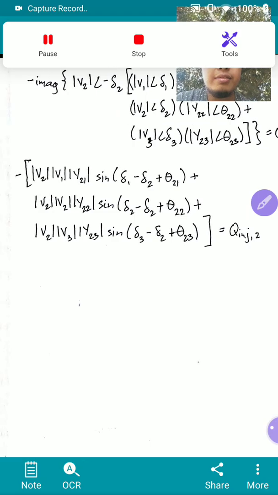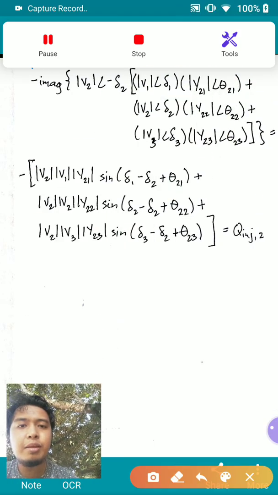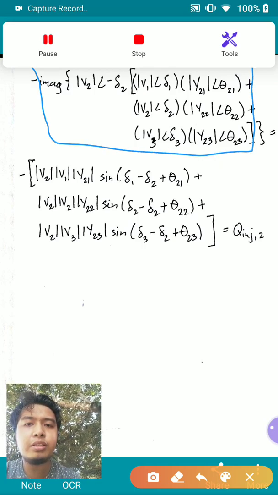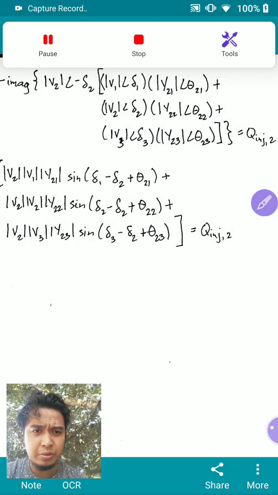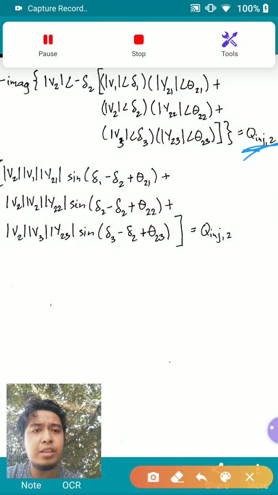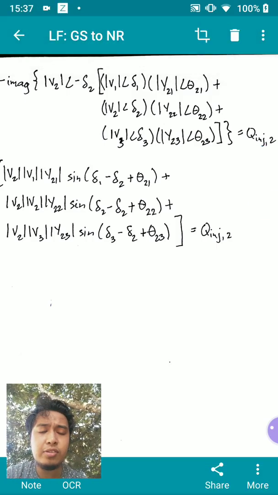So you get the imaginary of the whole component and then negate it because of the P minus JQ. Then you equate that to the injected power at bus 2.